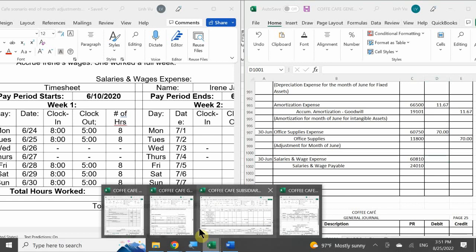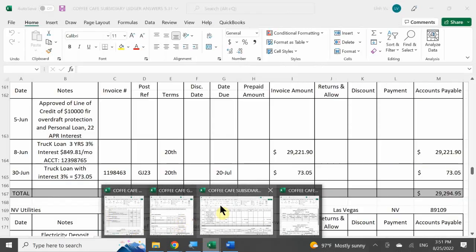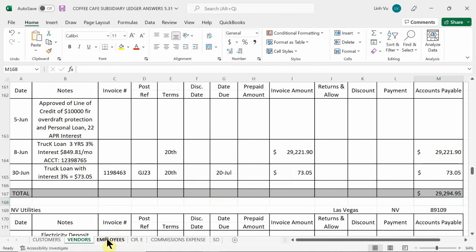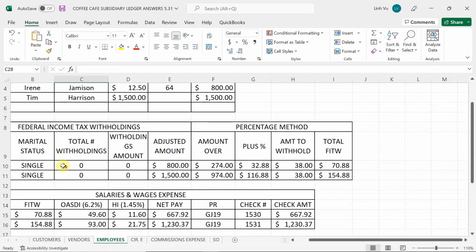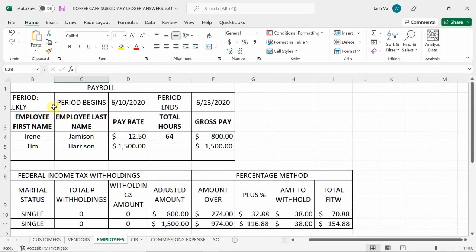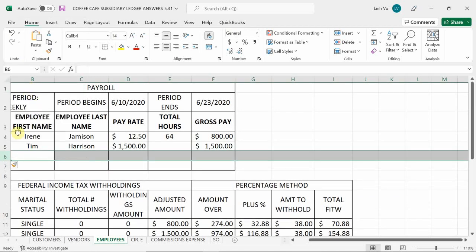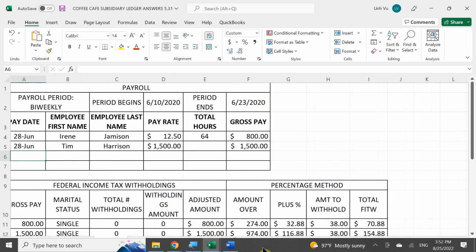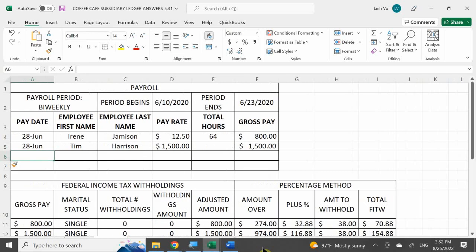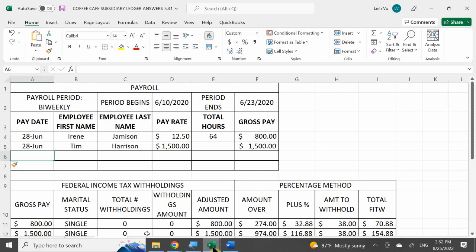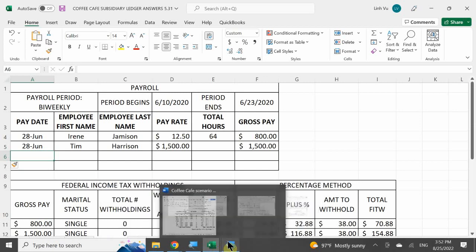Well, where do we know this information? In the subsidiary ledger, under employees. So in this case, if you want to insert some extra rows here, you can, or you don't have to, because we can just put it in there. Her payroll period doesn't end until July. When does it end?